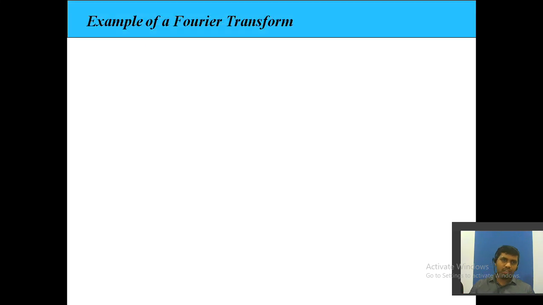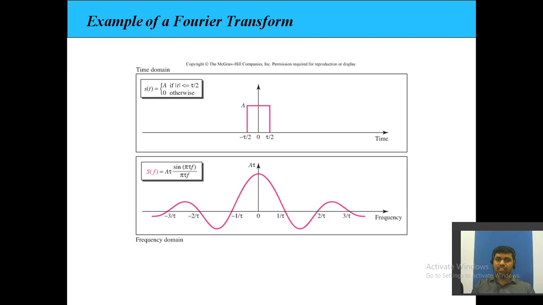And coming to the example for the Fourier analysis, this is the Fourier analysis diagram. The first one is the time domain. Here S of t is equal to a0 if t is less than or equal to lambda by 2, otherwise like that. So this is the example for the Fourier transform.